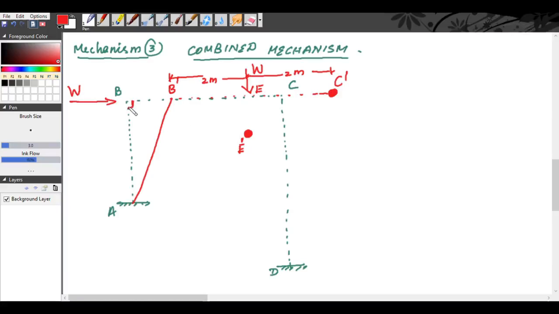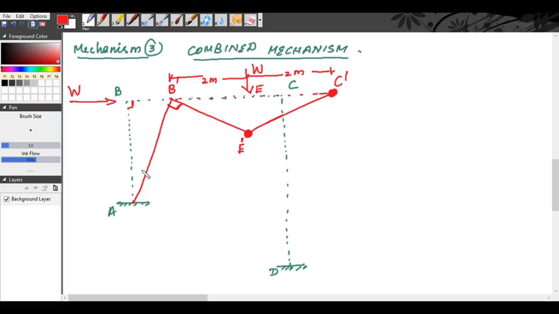See here, this is 90 degree. This 90 degree will be maintained here. Therefore, there will not be any hinge formation at B, because it is just shifted. This joint is shifted to this point. Now at C there is hinge formation. These both angles will be same.